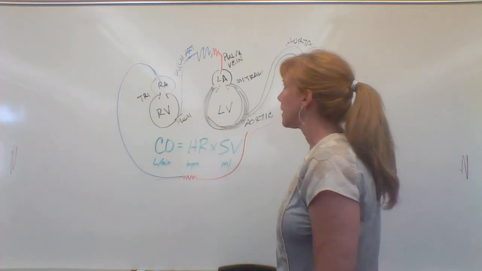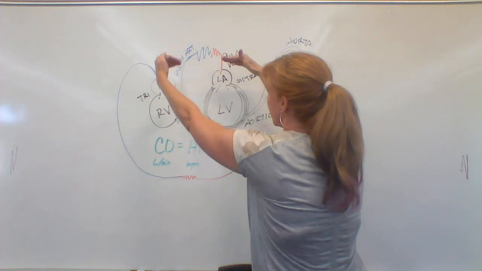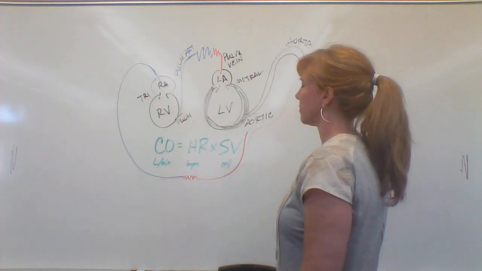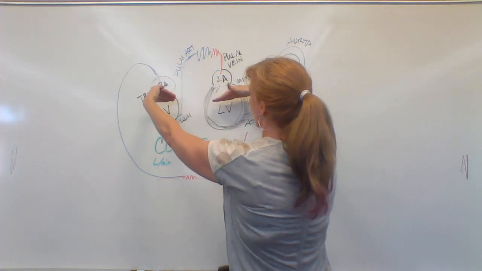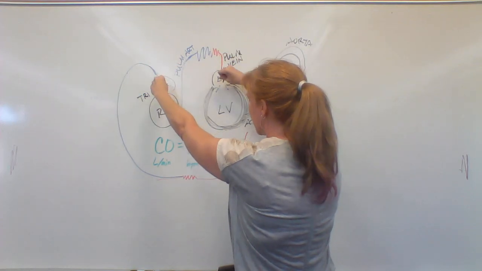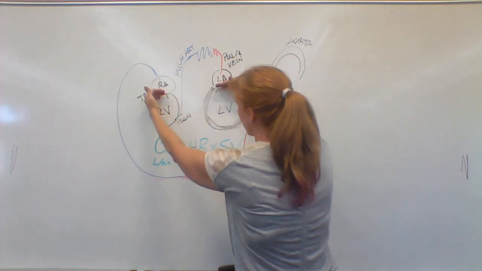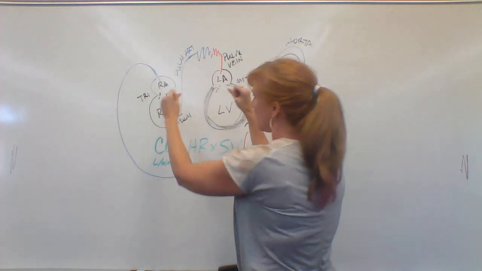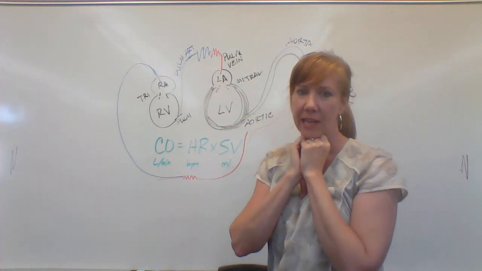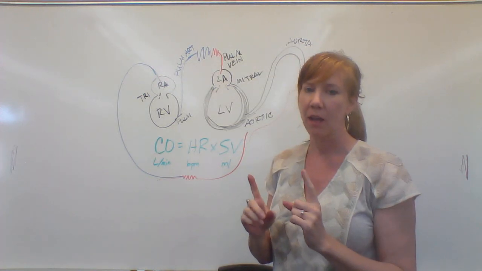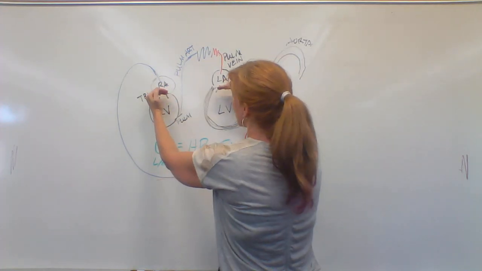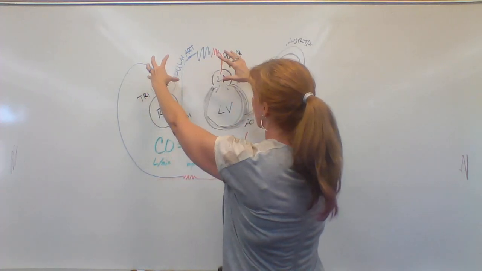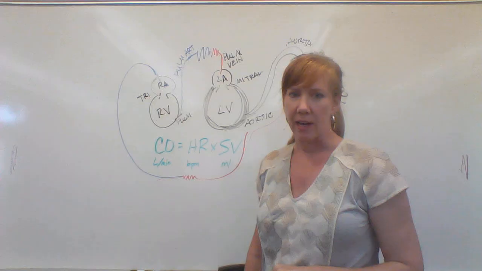Then the other thing we need is we need the timing to be correct from the top to the bottom. So the valves are almost closed, then we need atrial kick, and then the valves close, and then we have ventricular systole. That's how we need the timing to be. Because this would be a problem if the valves closed first and then you had atrial kick.